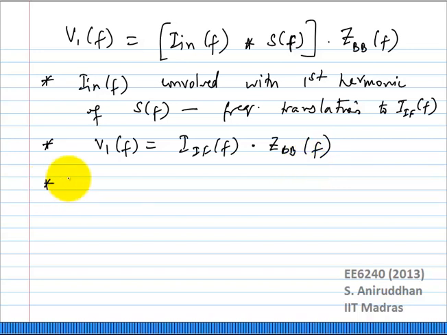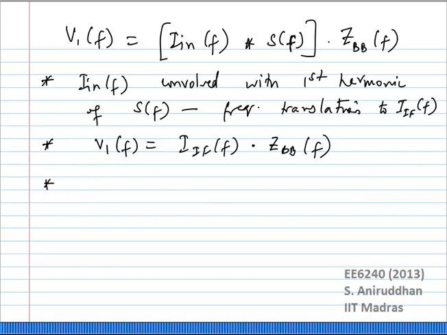Now, the basic mixing action is to translate this input current into an output IF current. Okay, the minute you multiply this with the baseband impedance to create a voltage at the output node, that voltage again mixes with the switching waveform to create a different behavior.